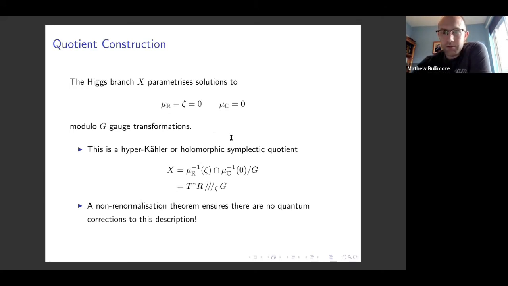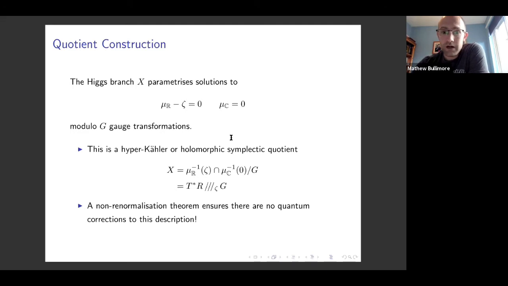Okay, so I'll describe a bit more what that means in a second, but let me just make an important point, which is that in a supersymmetric gauge theory which has a Lagrangian, there are non-renormalization theorems which ensure that this picture is exact, that there are no quantum mechanical corrections to this picture.